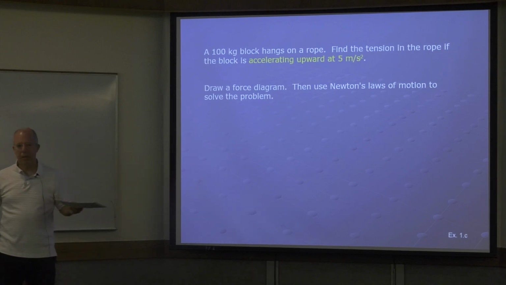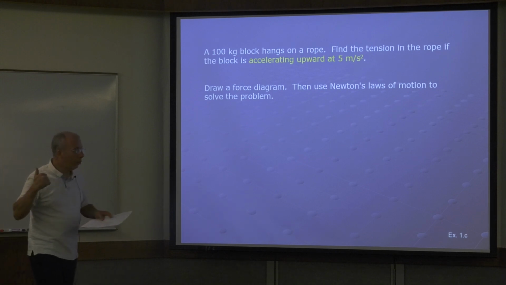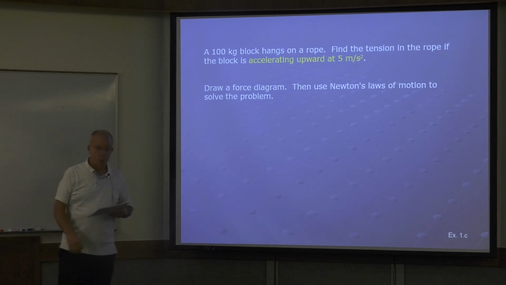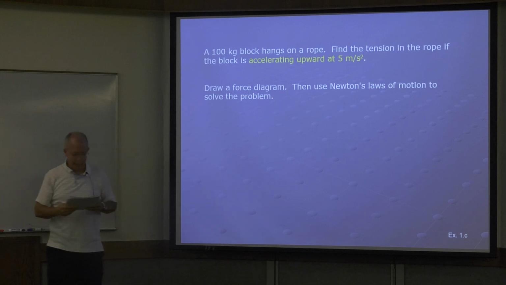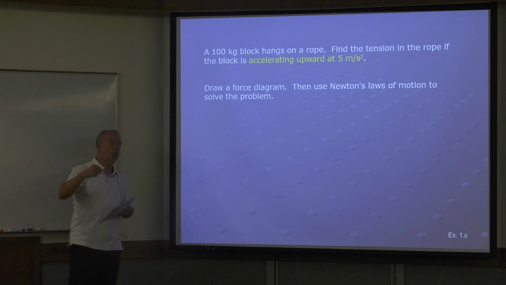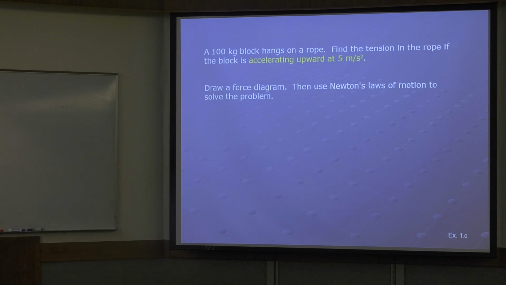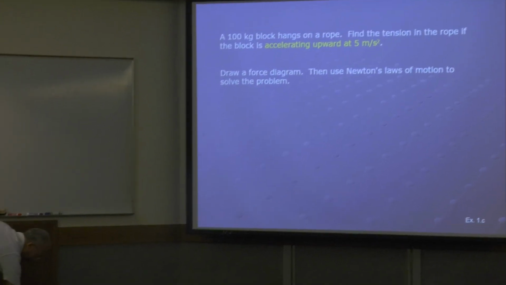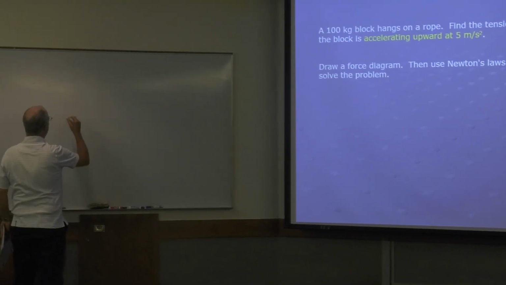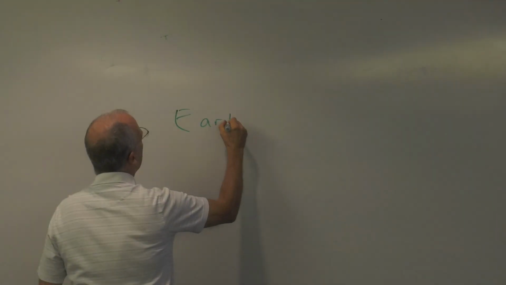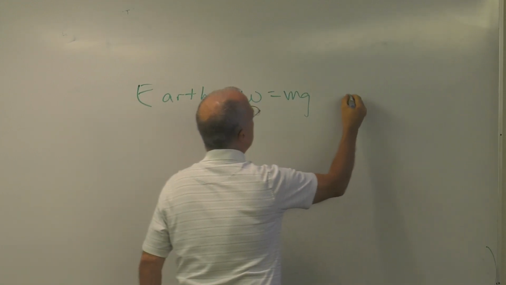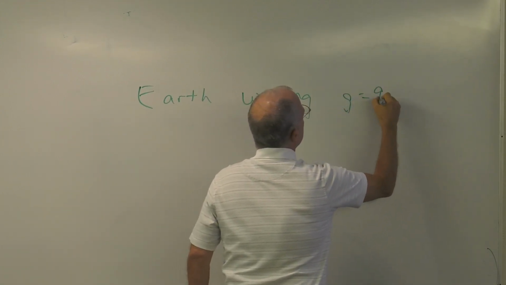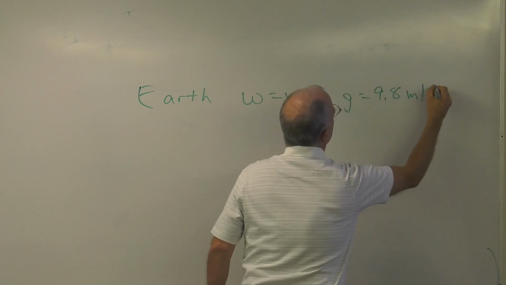Okay, no kidding. Second question, does your weight change when you travel from the Earth to the moon? And the answer is yes. Well, why is that? Because weight is a force, right? It's the force of gravity. So on the Earth, we say that the weight is mg, where g is 9.8 meters per second squared.